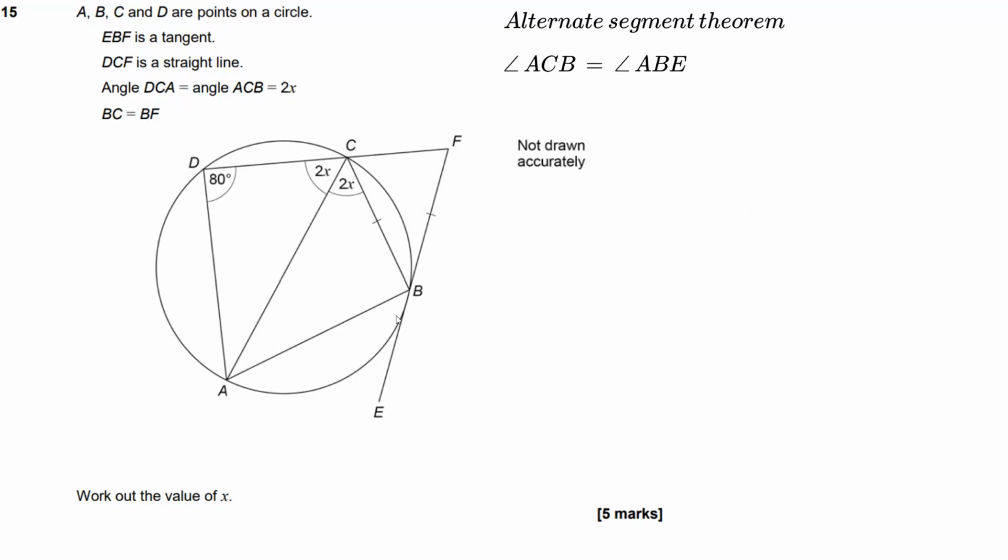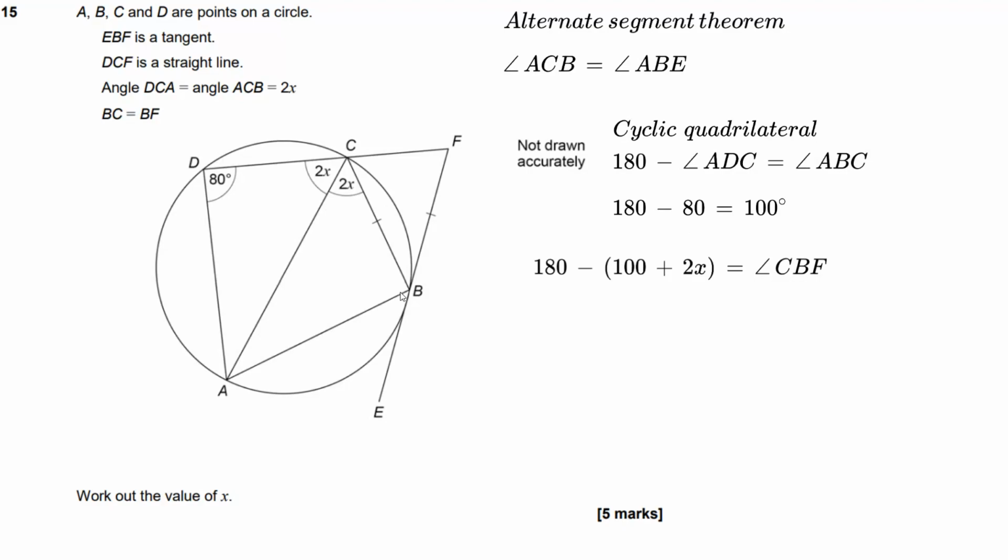So this equals 2x because of the alternate segment theorem, and 180 minus this will give you this angle here because it's a cyclic quadrilateral. So 100 here and 2x here, and because it's a straight line they all must equal 180. So 180 minus 100 plus 2x, like this.